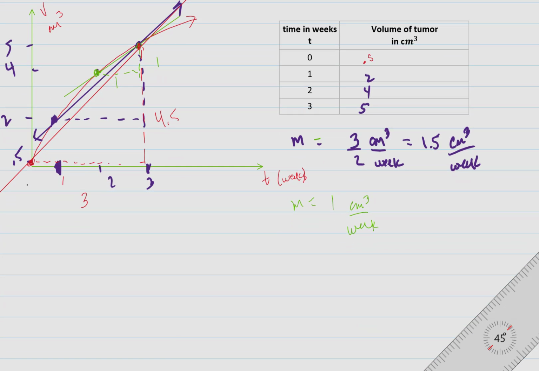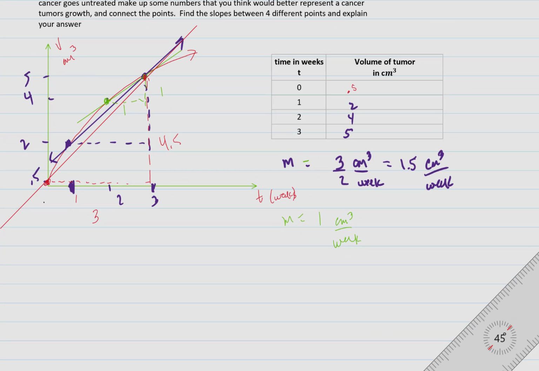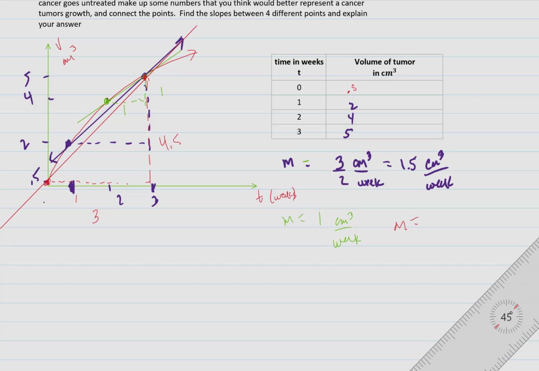So over the whole 3-week period from when you started going to the doctor, it's even giving a different slope value, where 4.5 is the rise and the run is 3. Now, if we divide 4.5 by 3, it's 1.5 again, cubic centimeters per week.